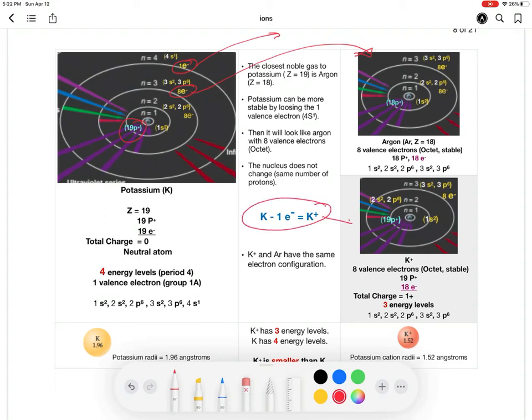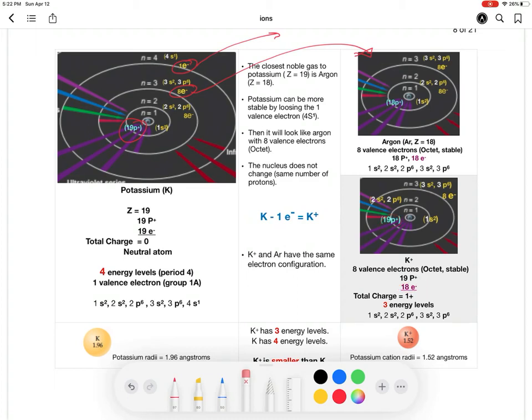So potassium will lose this 1 electron and then it will have 1 positive charge. Why? Because it will still have 19 protons in the nucleus, but now the electrons are 18, so the total is +1.